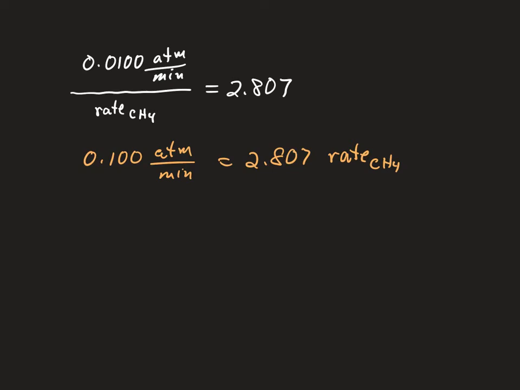If we get that now and divide both sides by the 2.807, in order to eliminate that from the right side, we get, when we do this math, oh, I made a math error there.